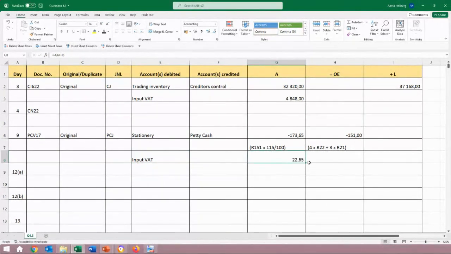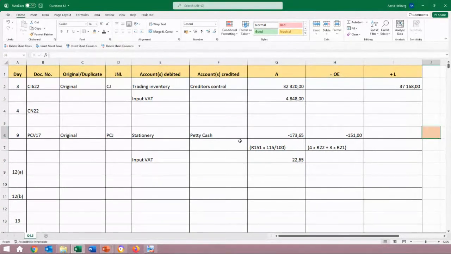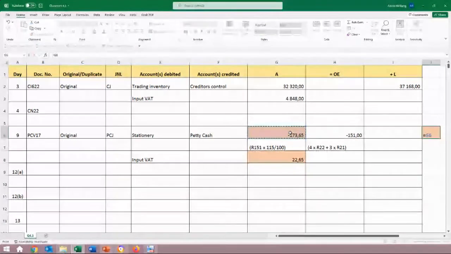So we are going to show an amount of 22,65, which is the difference between these two amounts. Now, how do I actually know that I am balancing? Let me quickly show you. I'm going to add these two together. I take this cell and I add the other cell.